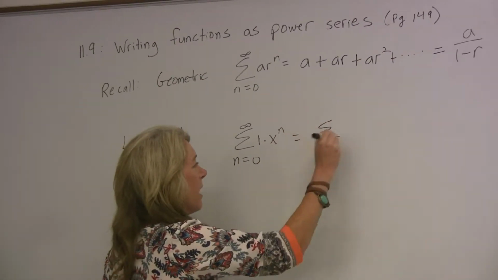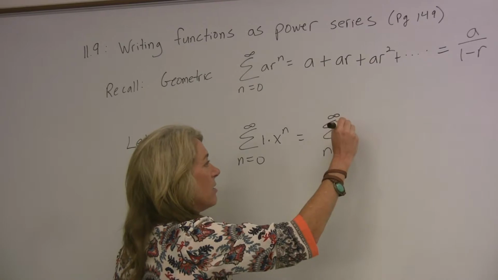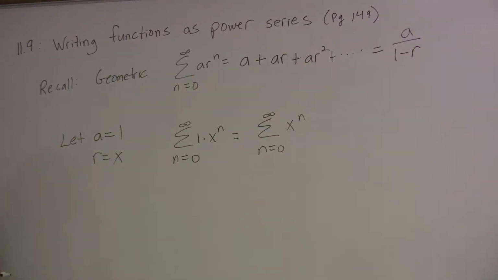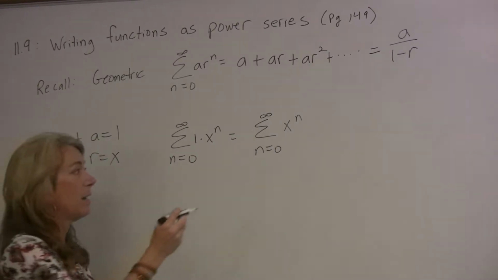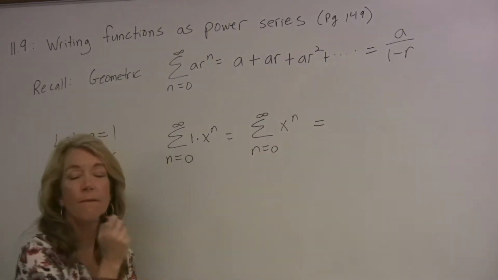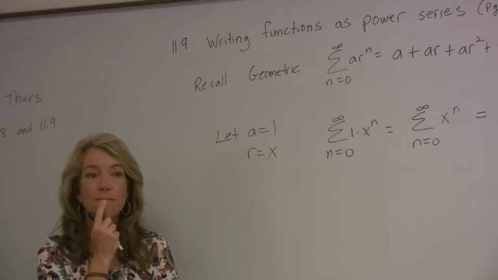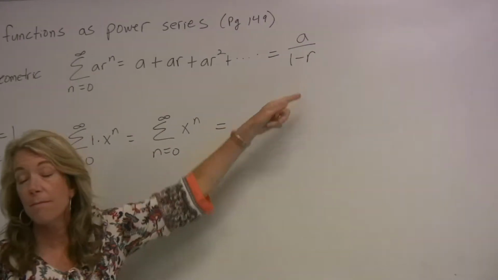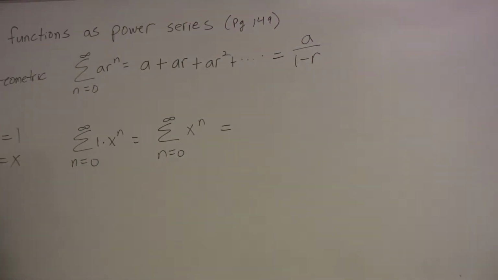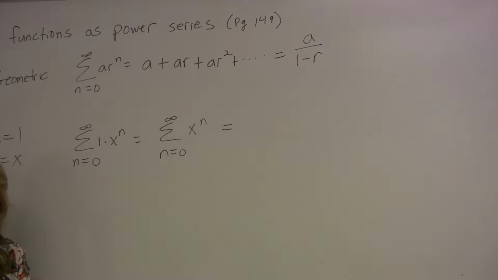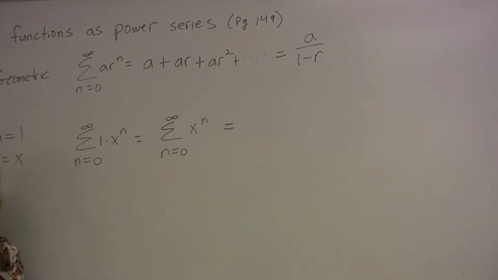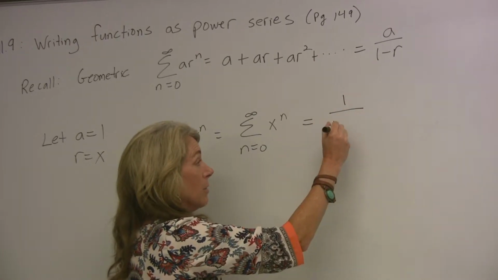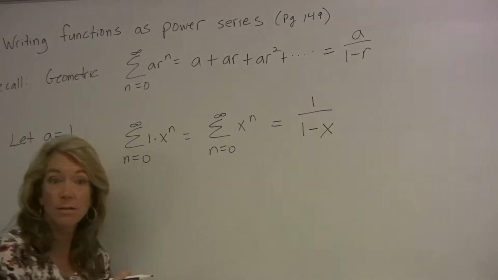If I simplify that, that's just x to the n. What do we know that that adds up to? Using the same formula, what's a? 1 over 1 minus r, which in this case is x.